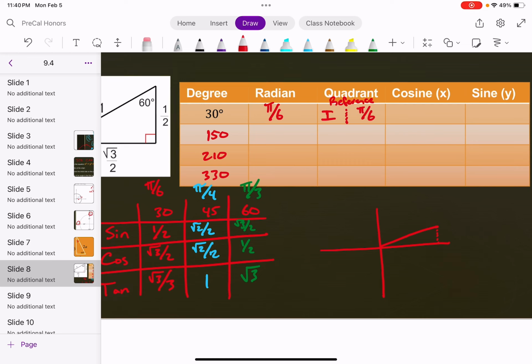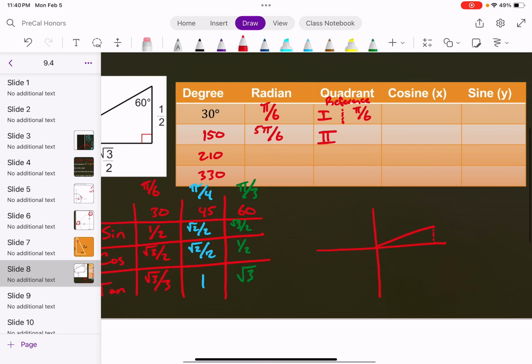So 150 would actually be 5 pi over 6. And that would be in quadrant 2. This would also be pi over 6 as a reference angle.